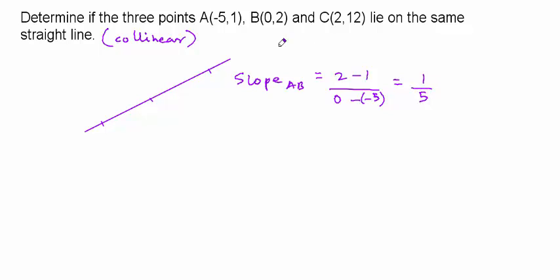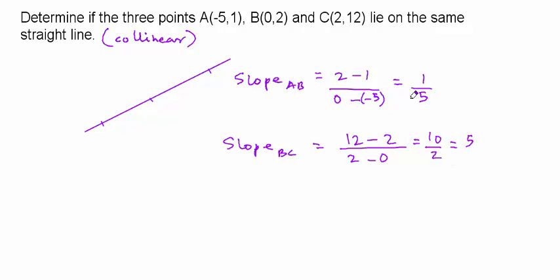Let's try and find the slope between B and C. Slope of BC is going to be y2, 12, minus 2, y1, over x2, which is 2, minus x1, which is 0. So this is going to be equal to 10 over 2, which is 5.